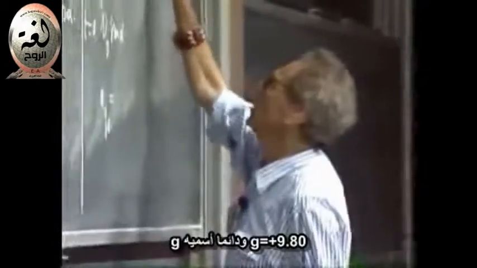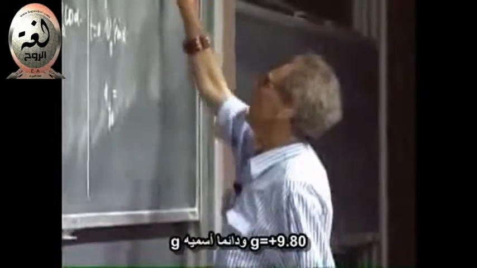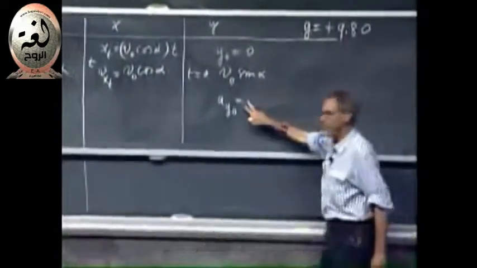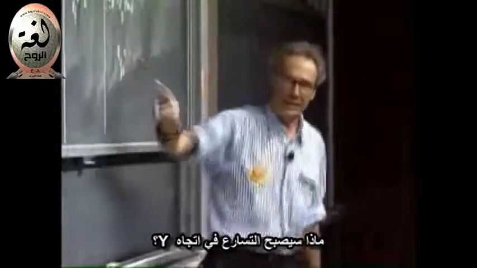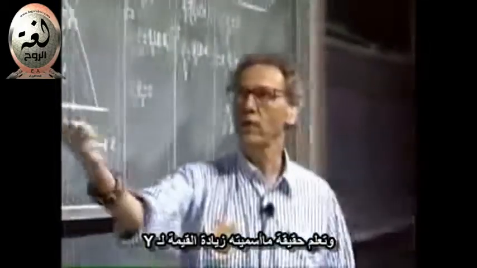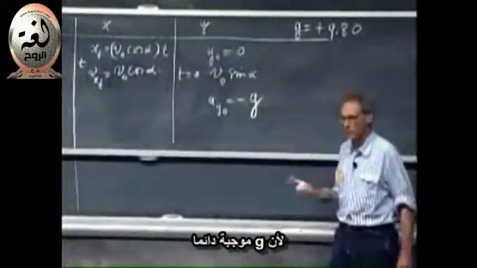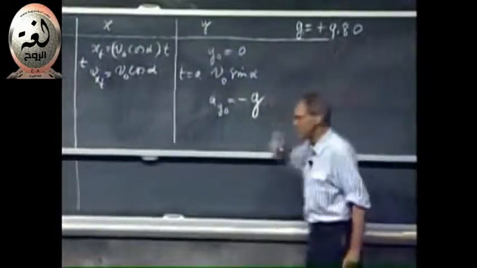Well, if we call the acceleration due to gravity g equals plus 9.80, and I always call it g, what would be the acceleration in the y direction, given the fact that I call this increasing value of y? Minus 9.8, which I will also say, always call minus g, because my g is always positive. So it is minus g.